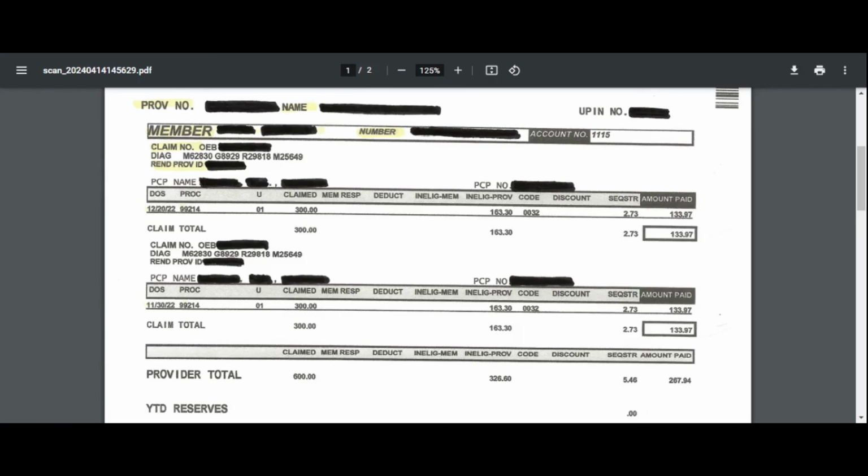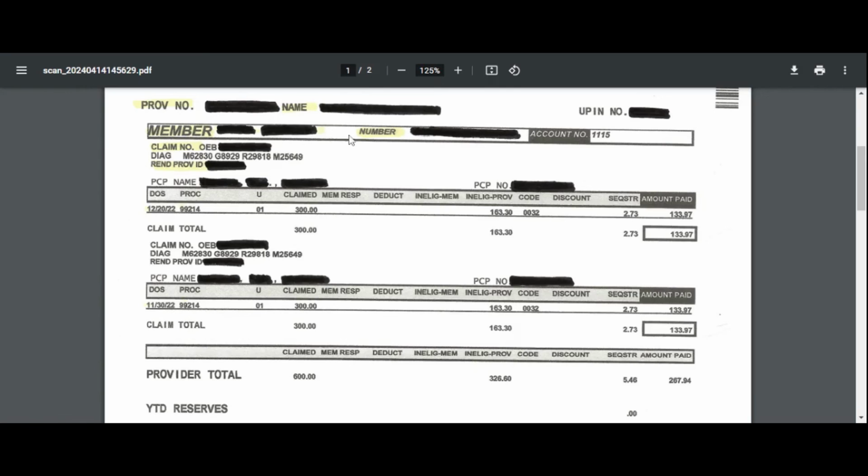If you deal with anything with Medicare, you will notice that we've been having that for the past couple years now. I think it began at 1%, now it's at 2%. I think it actually has to go up, but you need to check that out yourself. But they deduct a certain amount from each claim. And then you have the amount that was paid.